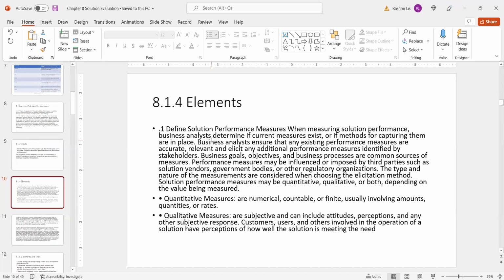Now, these can be broken down into quantitative measures, which are numerical, countable, or finite, usually involving amounts, quantities, or rates. So these are very well definable, measurable, numeric in numbers. Qualitative measures are subjective and can include attitudes, perceptions, and any other subjective response. Customers, users, and others involved in the operation of a solution have perceptions of how well the solution is meeting the need.